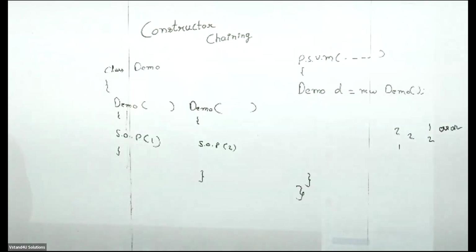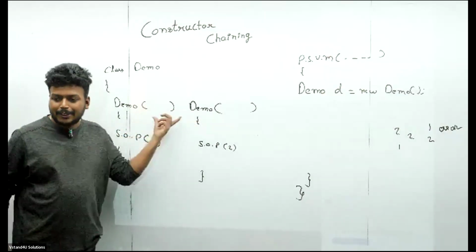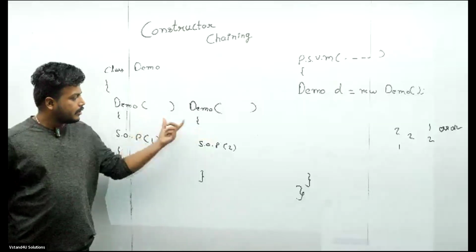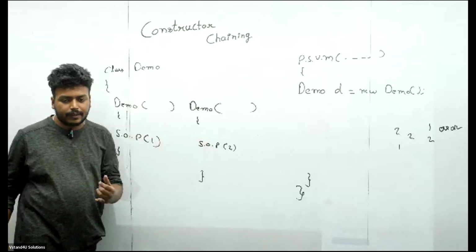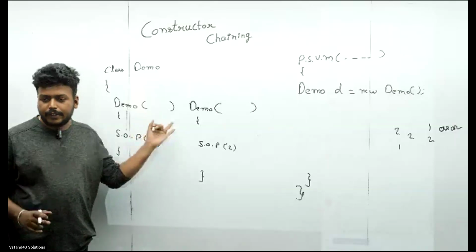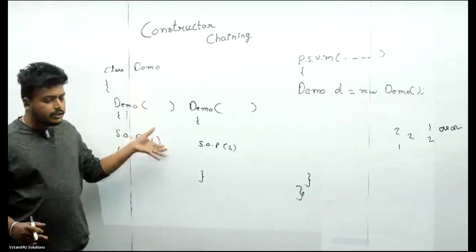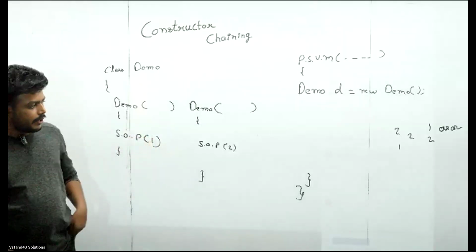Error, right? Same arguments, is it possible in constructor overloading? Some change should happen, right? What are the three rules? Changes in number of arguments, changes in data type, and changes in sequence. Is any rule satisfied here? Then I will get the error, right?